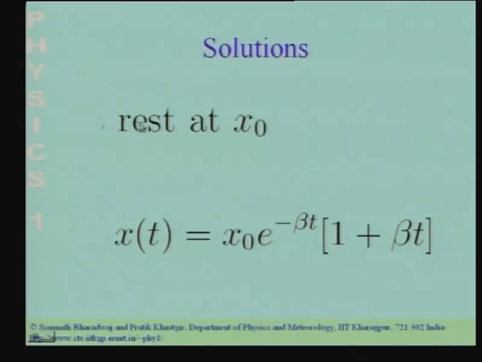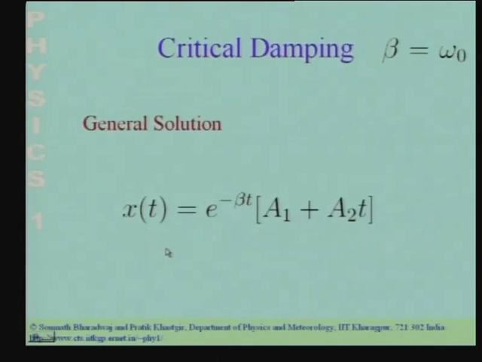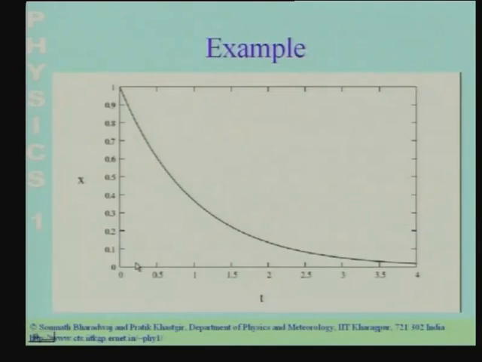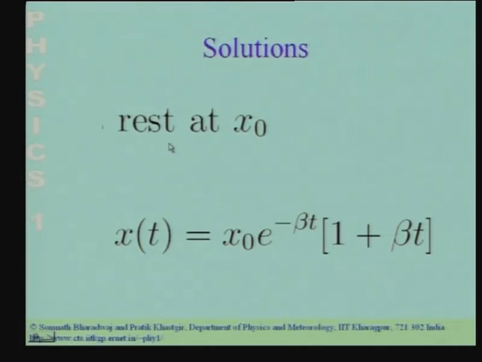So, these coefficients have to be determined from the initial conditions, and I first show you the situation where the particle is initially at rest and it is displaced from the origin. So, it is at rest and it is displaced to a position x naught. If you calculate the initial conditions using the procedure which I have outlined in some detail for the underdamped oscillator, you have to take the expression for x of t, differentiate it, get an expression for v of t, and then put in the fact that the velocity is initially 0 and the particle is at x equal to x naught initially.